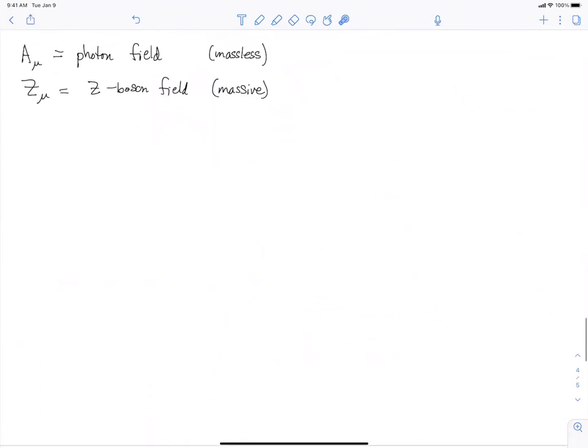All right, so what we're going to do is we're going to require that the photon couples correctly to these particles. So for example, if I have d mu e right, let's write this out again.